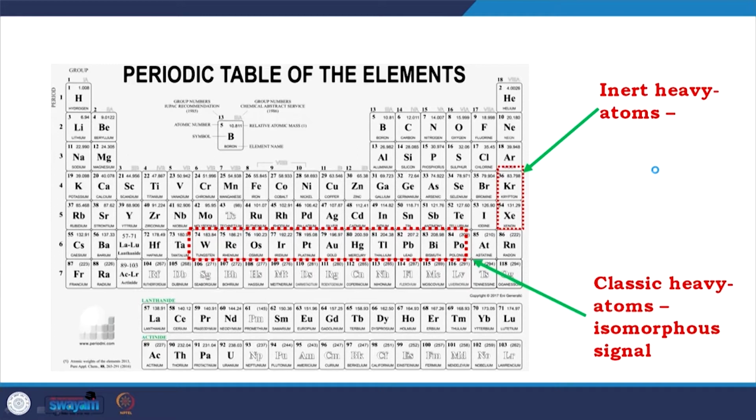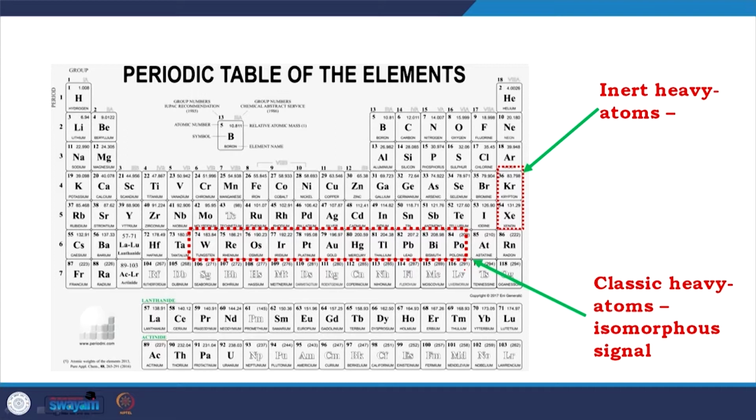So, if you look at the periodic table, the heavy atoms which you could choose are all in this row, which are tungsten, rhenium, osmium, iridium, platinum, gold, mercury, thallium, lead, bismuth, polonium. In addition, we could also use krypton and xenon, which are inert heavy atoms.